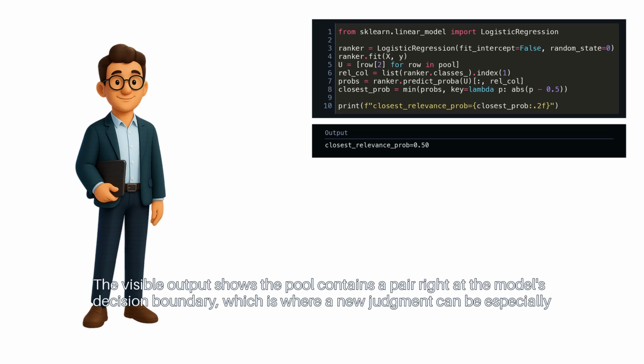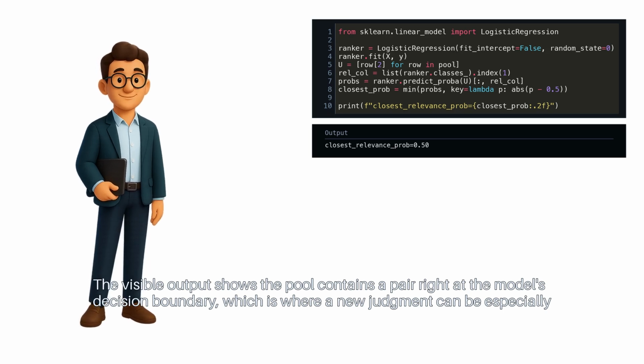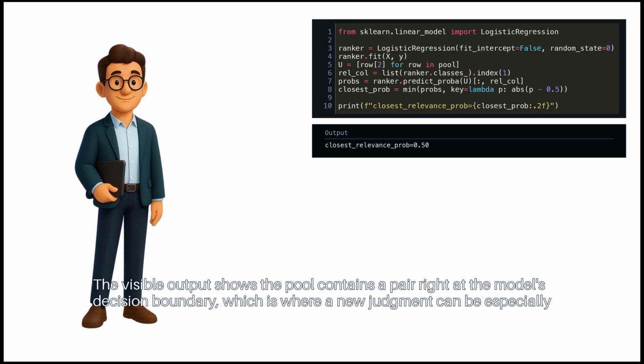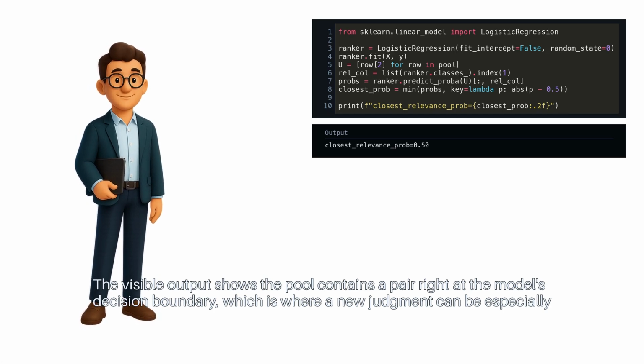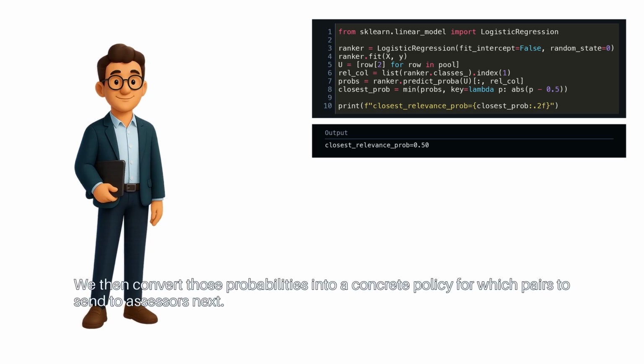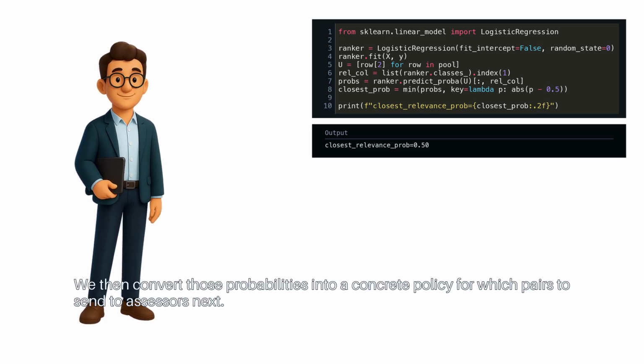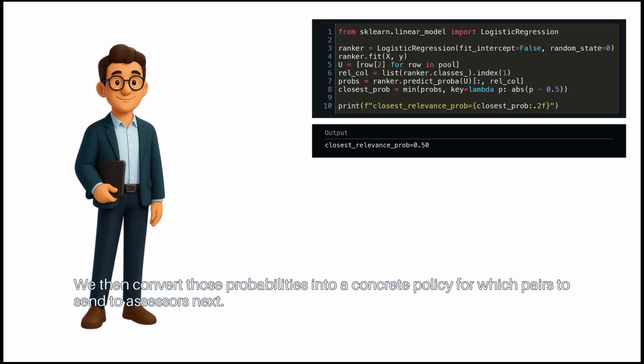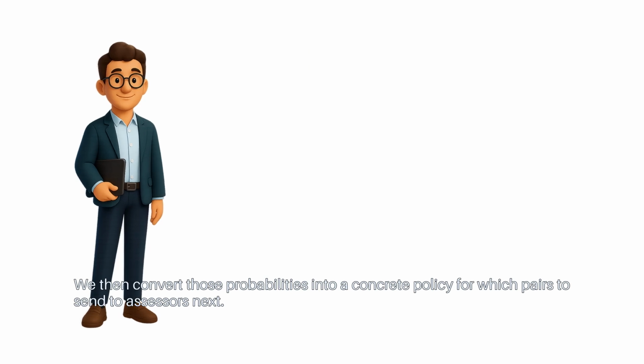The visible output shows the pool contains a pair right at the model's decision boundary, which is where a new judgment can be especially informative. We then convert those probabilities into a concrete policy for which pairs to send to assessors next.